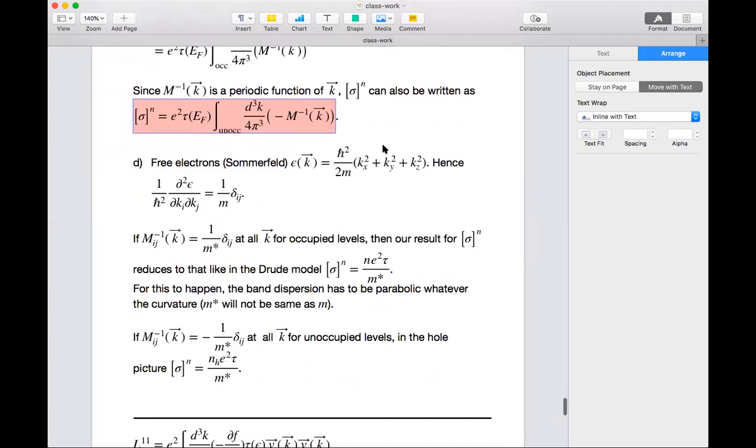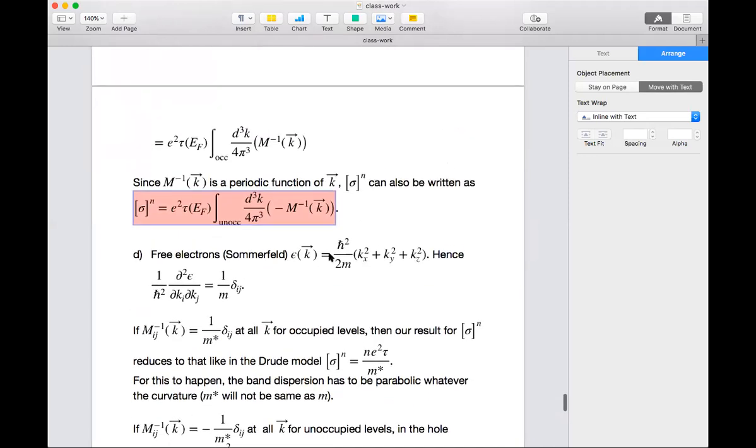The last point I want to make here is that suppose we had free electrons, so then the dispersion, the dependence of epsilon on k, would be of this form. And then this second derivative of epsilon would just be 1 over m delta ij.